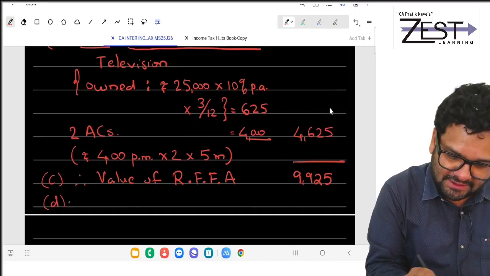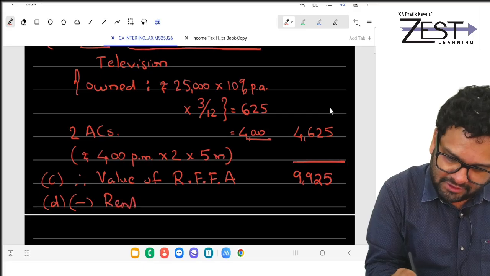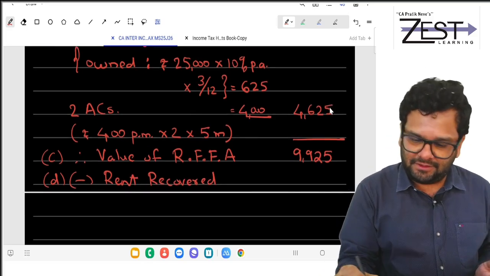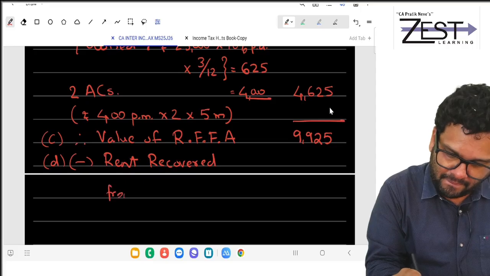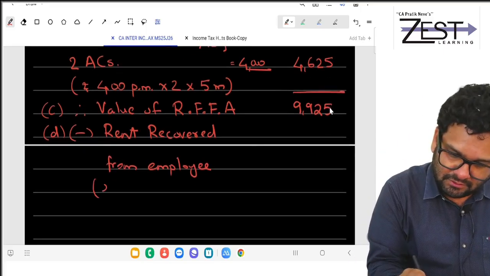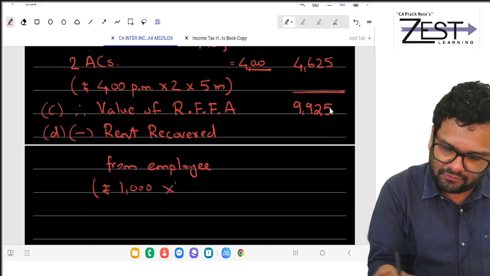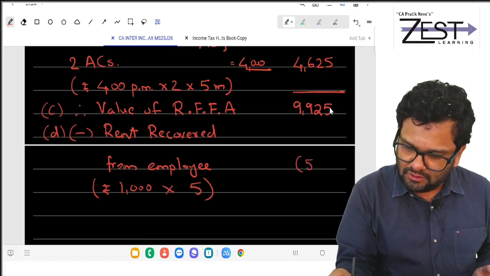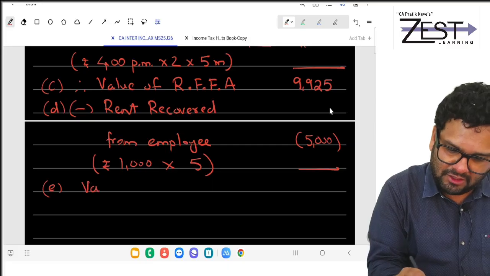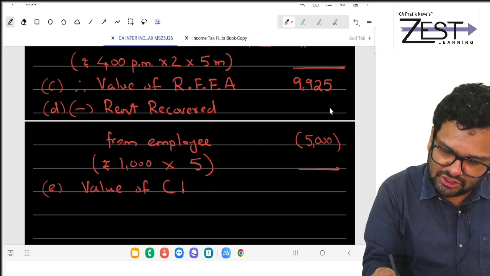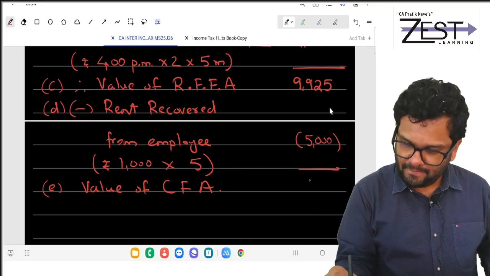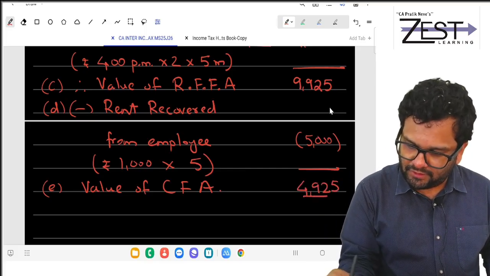Then step D, less: rent recovered from the employee. How much? 1000 into 5, 5000. So what's your final value of concessional furnished accommodation? Perfect.